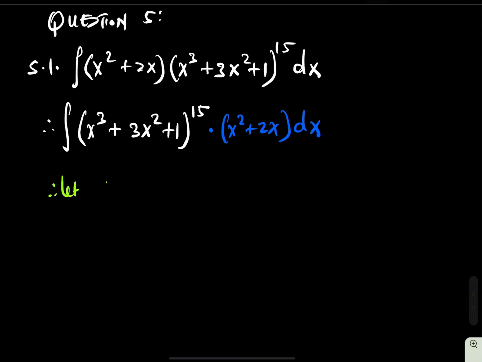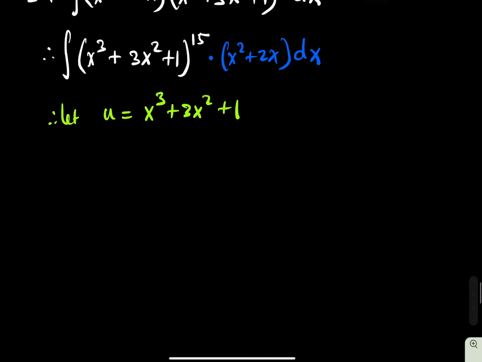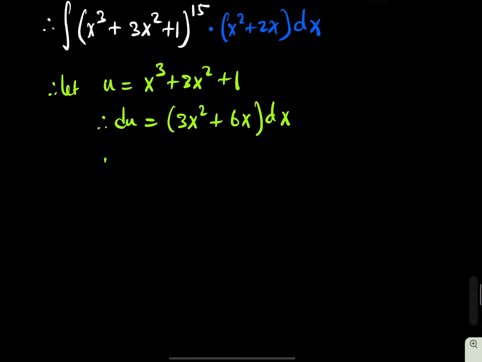Therefore, let u be x cubed plus 3x squared plus 1. So you want to differentiate this. This will then mean that your du is going to be 3x squared plus 6x plus 0 dx. You can factor out the 3 here.